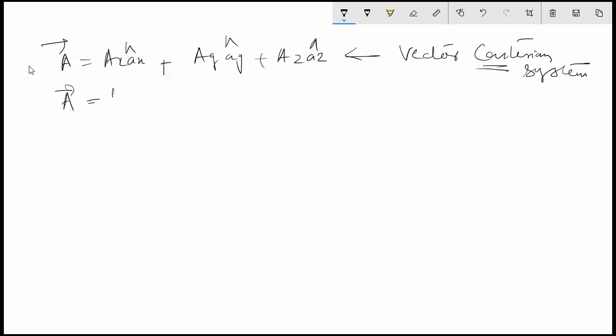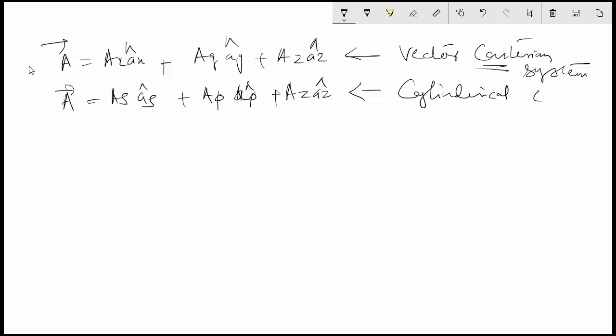It is possible to represent it as rho plus phi plus az, and this is a vector representation in the cylindrical coordinate system. So these are the two ways to represent the same vector in two different coordinate systems.